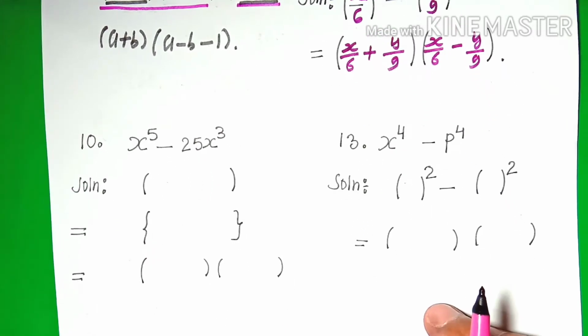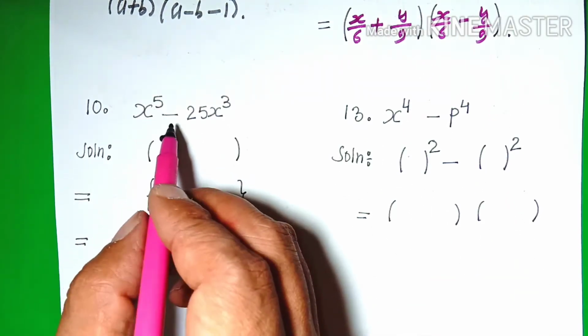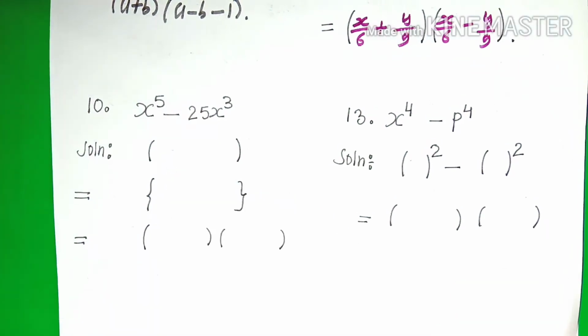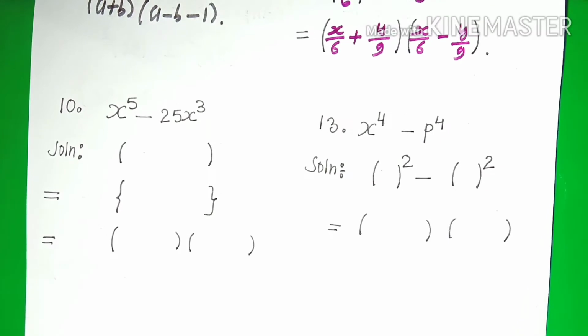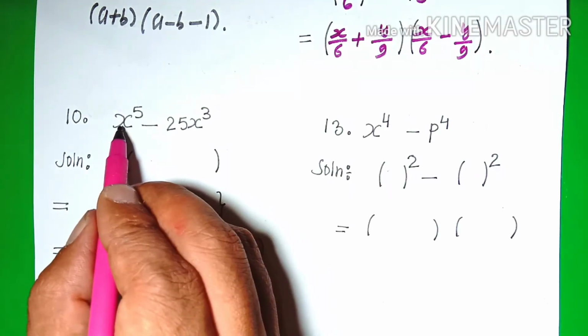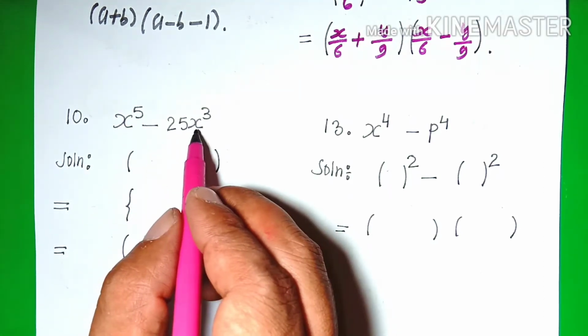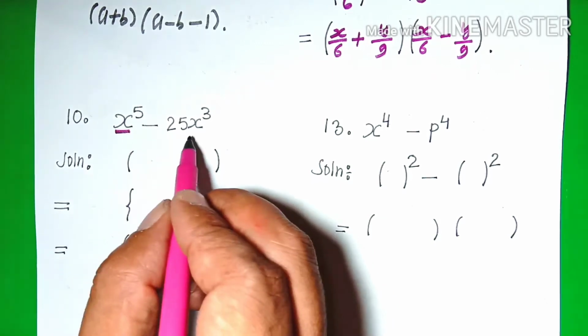Now the next type of question here, x raised to 5 minus 25 x cube. So here you'll have to first convert or change it into a difference of two squares. But right now we have x raised to 5 and the other one x cube, which means you'll have to take x common.